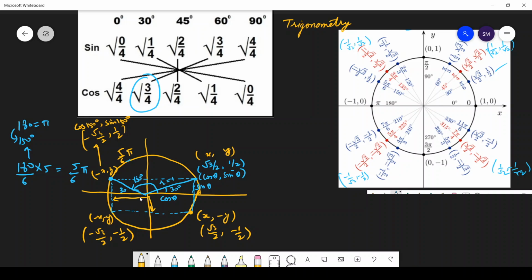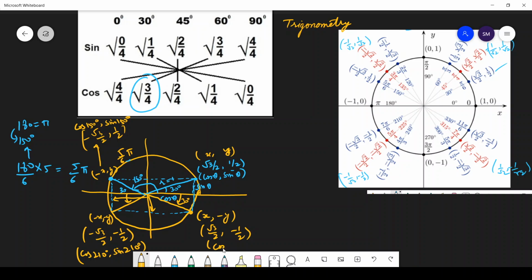Now these coordinates, you have added 30 degree to 180. So this is cos 210 degree and sine 210 degree, and now this angle is 30. So how much will this angle be, students? 330 degree.